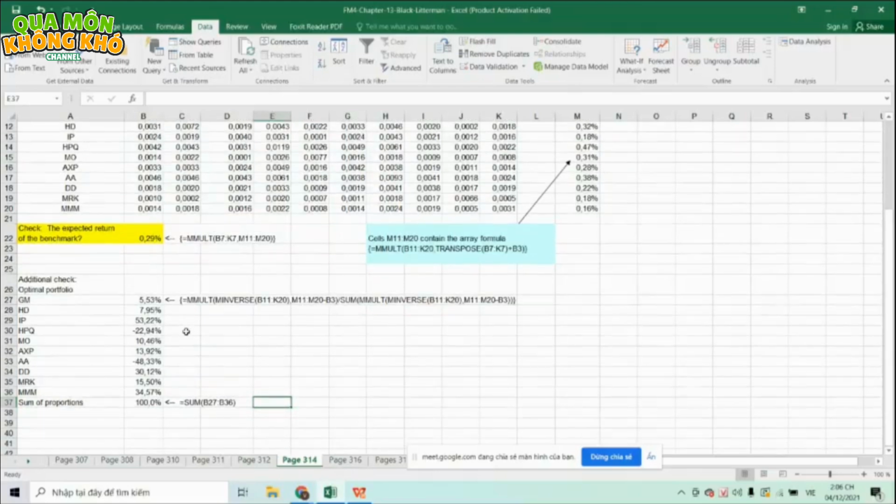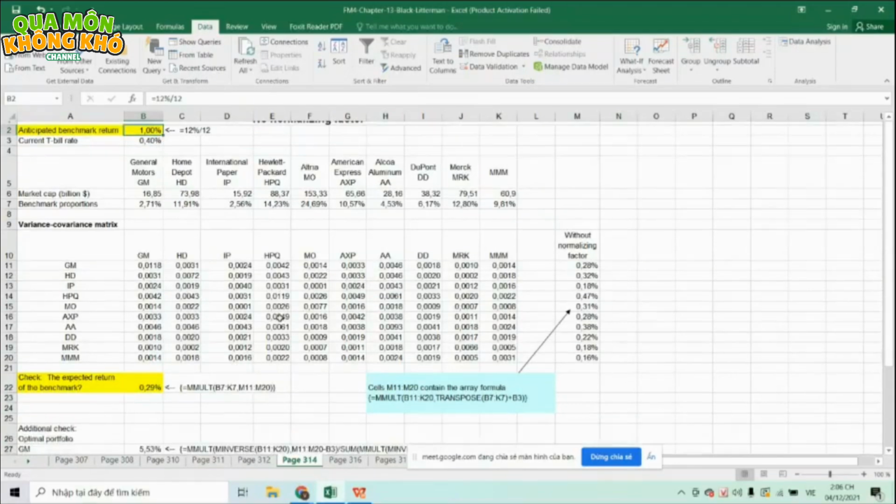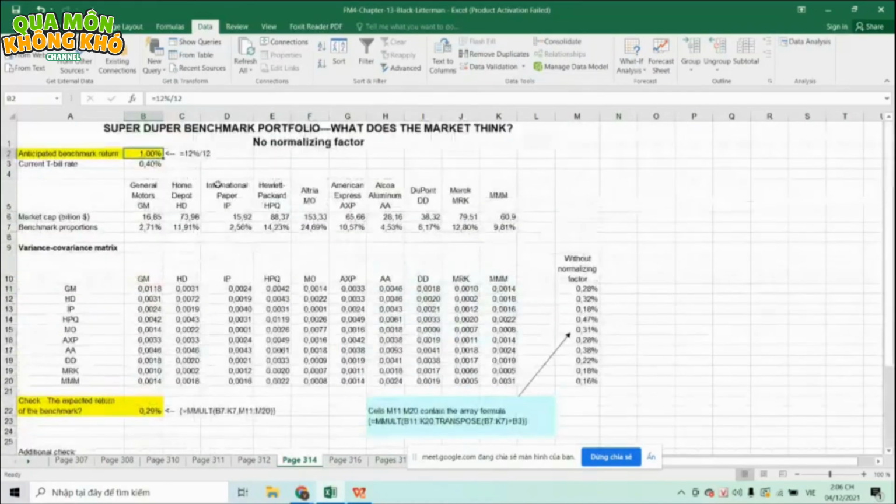So you can see here the expected return of the benchmark is 0.29. So it is not equal to the anticipated benchmark return, 1% here. And also the proportions of the optimal portfolio are not what we have expected.